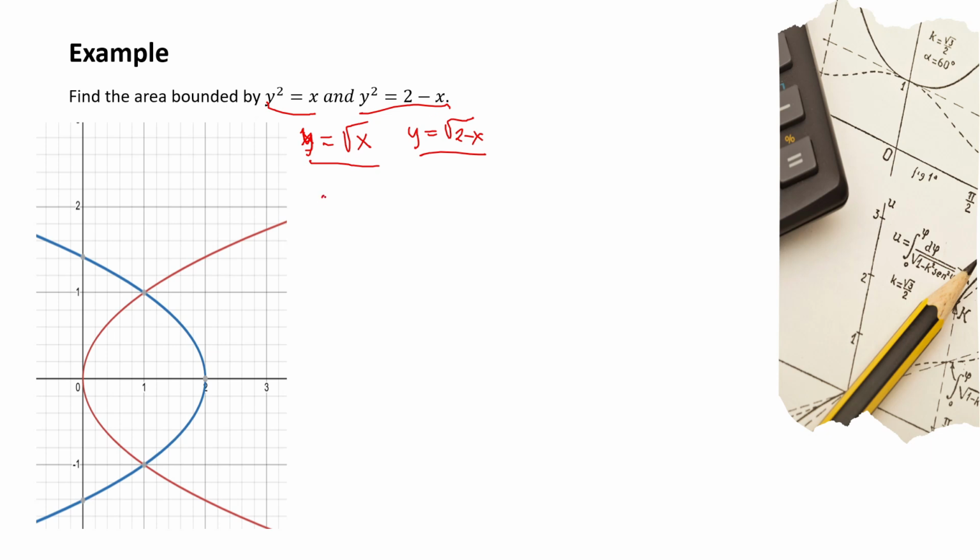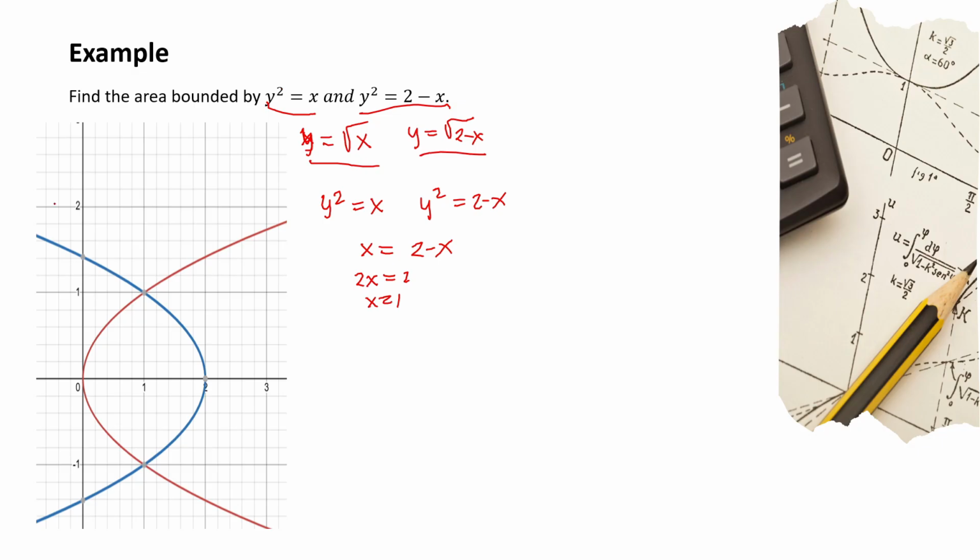So first we need to find the intersection. The intersection is y squared equals x and y squared equals 2 minus x, so x equals 2 minus x. So 2x equals 2, x equals 1.